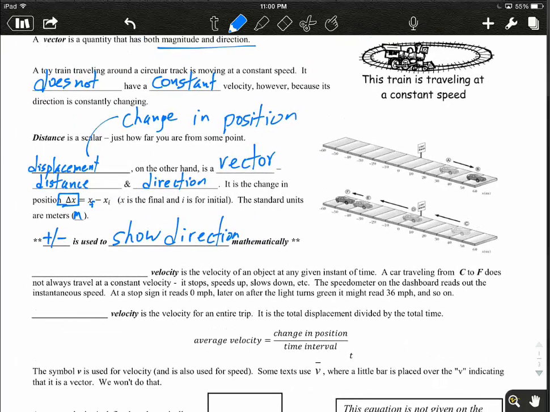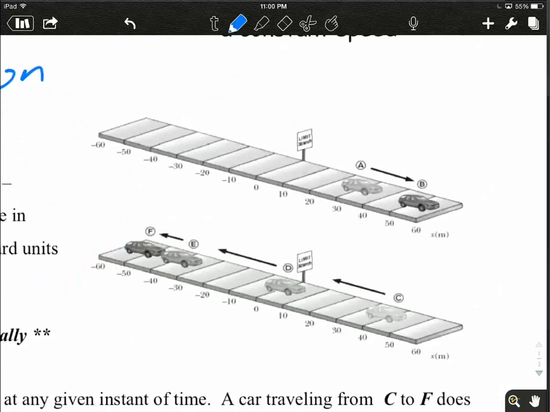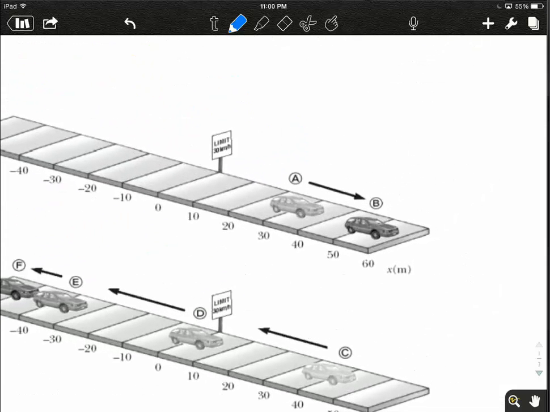As an example, let's say you have this car in this picture and it's going from A to B, right? We can say it's moving in a positive direction, so it would have a positive velocity, and its change in position, right?